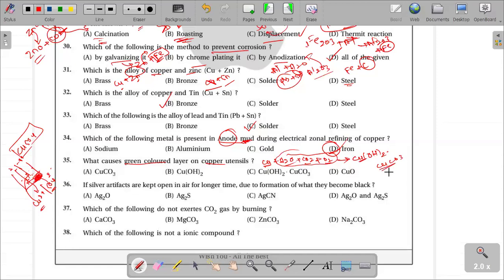That is green color. When you are wearing a copper ring, then during sweating time, you will observe that on the copper ring it will deposit like a green color ash. The green color ash is made up of copper carbonate.